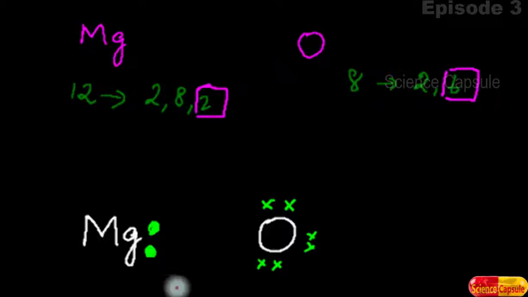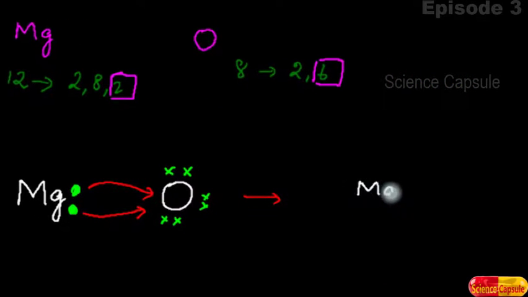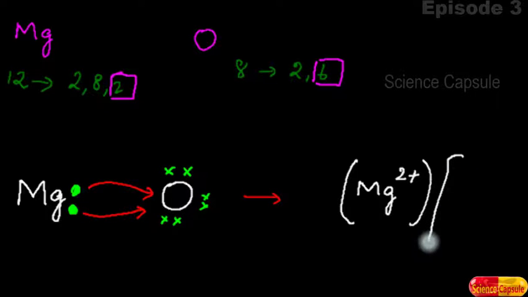So here magnesium loses 2 electrons to oxygen, and on the product side we can write magnesium. We know that by losing 1 electron, a metal will have 1 positive charge. By losing 2 electrons, magnesium will get 2 positive charges, right? No electrons, so this we put in parentheses. The second one we will put in square brackets, and here we write oxygen.